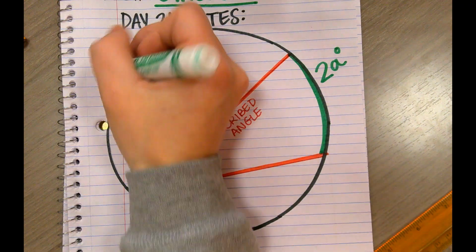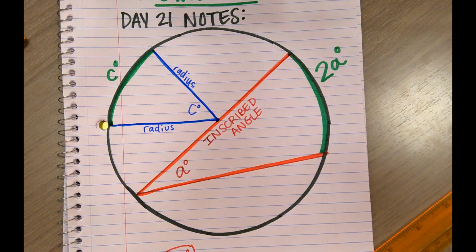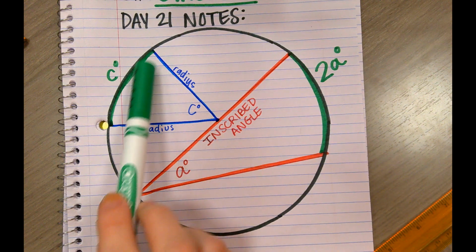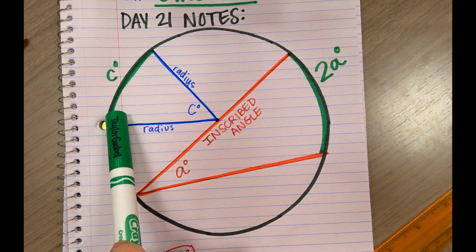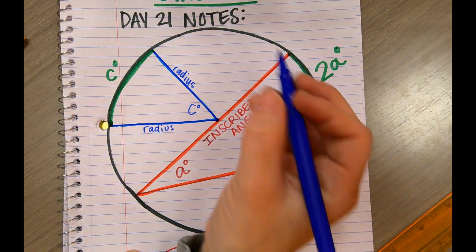And guess what? This is also C. So whatever the measure of this angle is, the measure of this is equal. This is called a central angle.